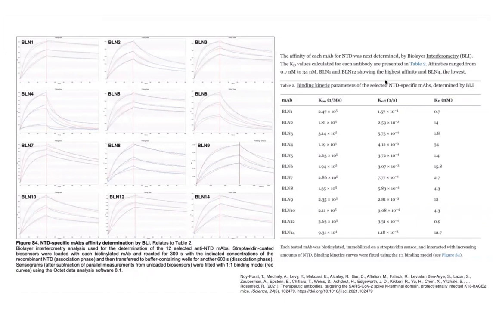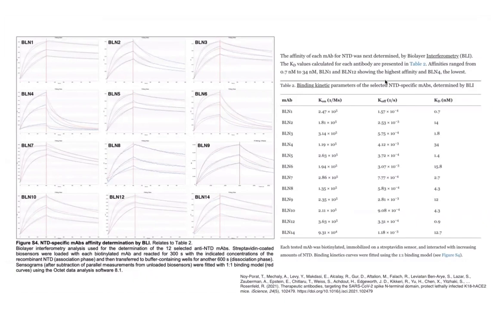But let's compare. BLN4 and BLN6 look like they have really fast K-offs, whereas BLN1 looks like it has a slower K-off. Remember that KD comes from K-off over K-on. So if their K-on is similar, how would we expect their KDs to differ?